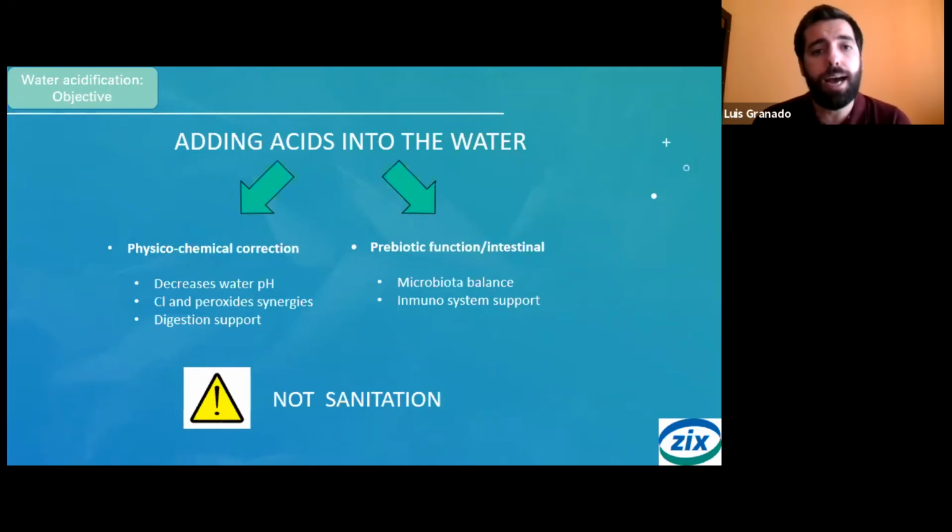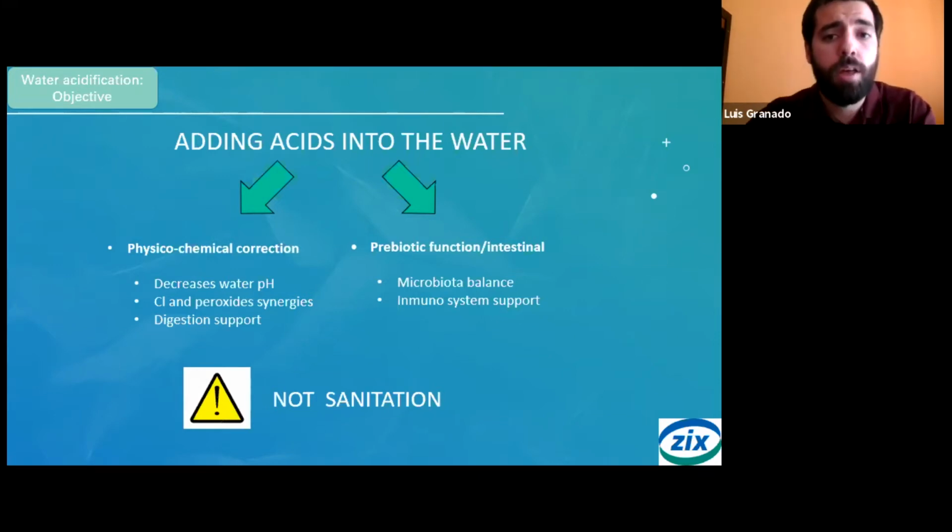When we are adding acids into the water, we need to know clearly why we are doing it and what our goal is, okay? First, it can be just to correct the pH of the water, especially, as I said already, in those cases where we work with an alkaline water.